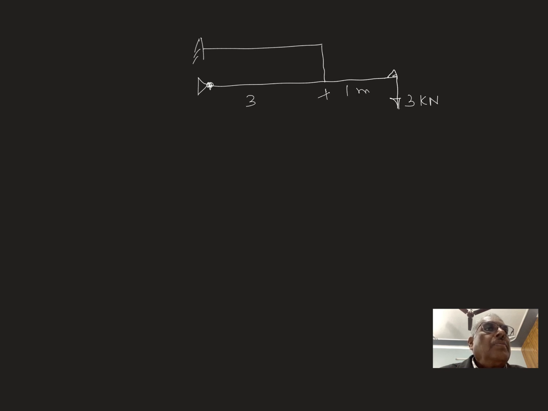Now take another example of a complicated type of beam. This is 3 kilonewton, 1 meter, 3 meter, B, C, D, and A. This is nothing but a rigid link.